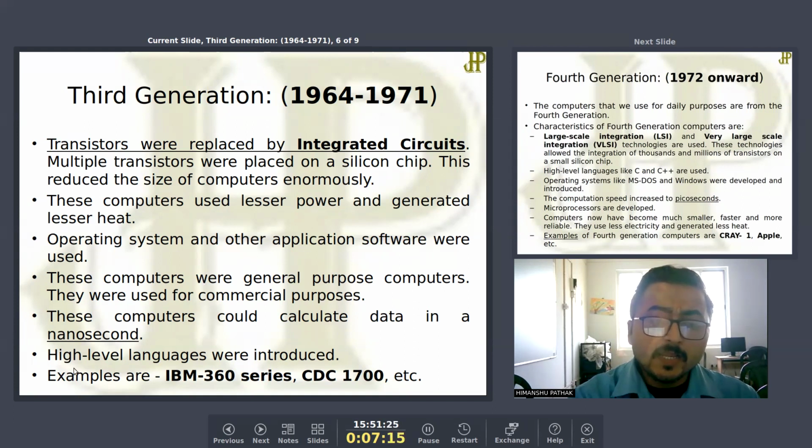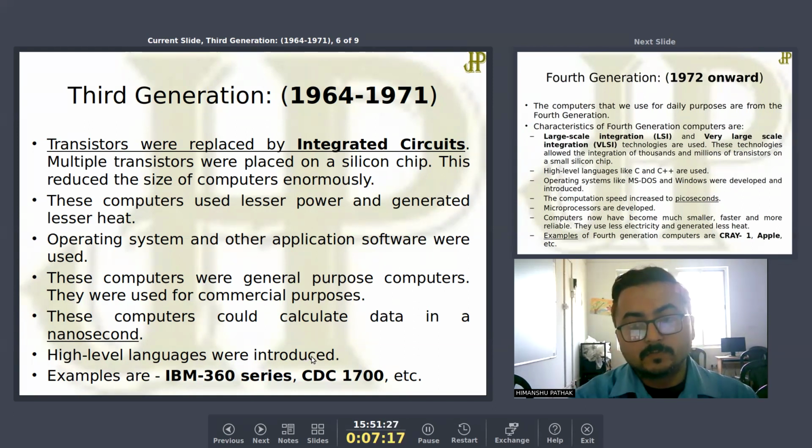In this generation, high-level languages were introduced. High-level languages are those languages that can be written in English-like language, like C, C++. Some examples of third generation computers are IBM 360 series, CDC 1700, and many.